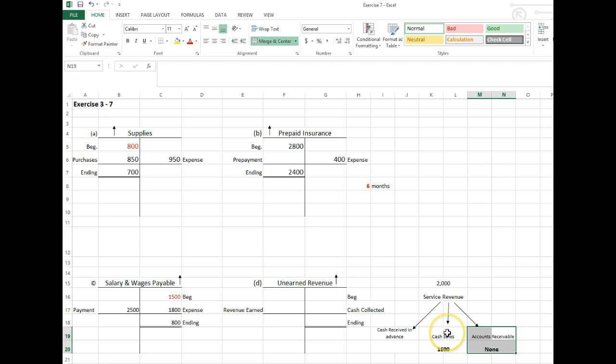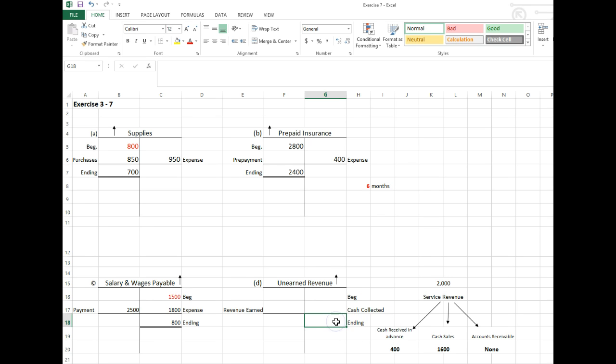We can earn the revenue at the time we collect the cash, or we can earn the revenue after the cash is received. And in this case, we can see there was $400 then that was earned after the cash was received.